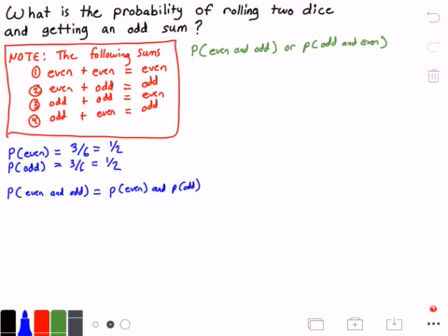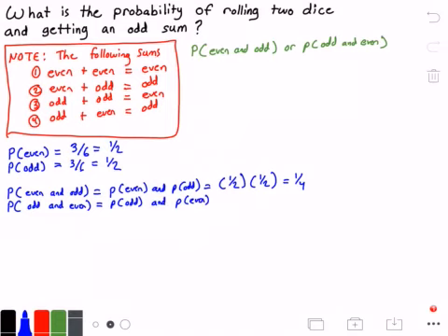And this, of course, is equal to 1/2 times 1/2, which gives us 1/4. And then we also want to know the probability of getting an odd value and an even value. This is equal to the probability of getting an odd value and the probability of getting an even value. And this gives us 1/2 times a half, which equals 1/4.